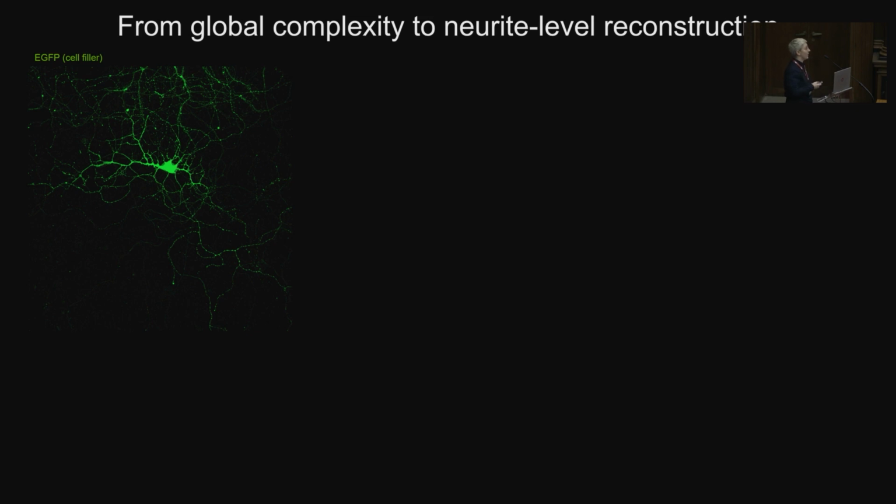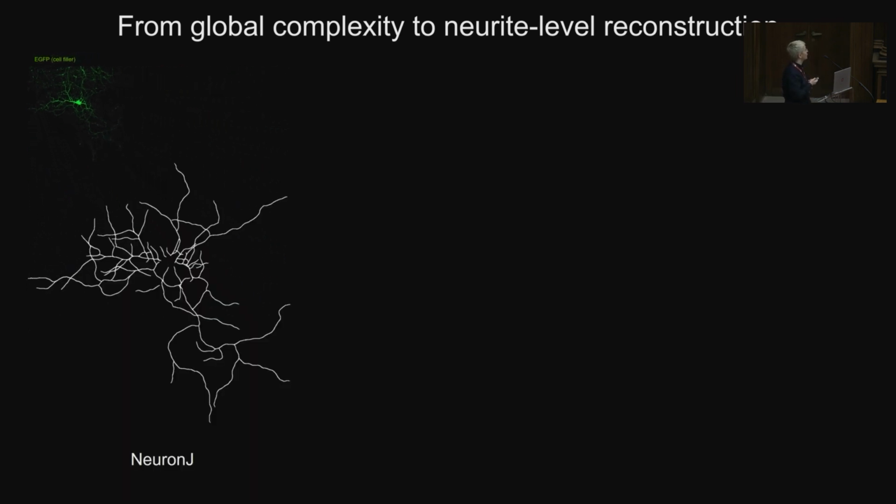At that point, once you have global information about complexity, you may ask, okay, but what is the precise structure of the neurons that is driving the phenotype we are observing? To answer this question, people generally use neurite-based tracing tools, such as NeuronJ.